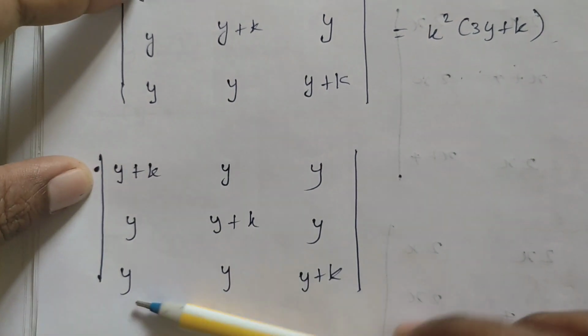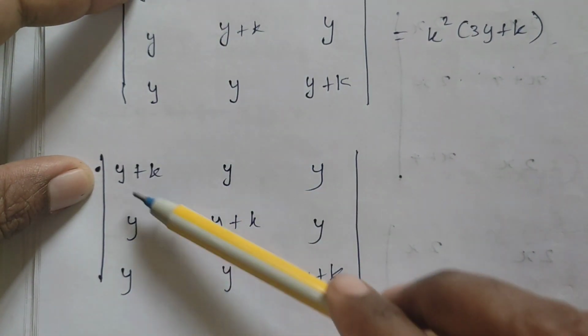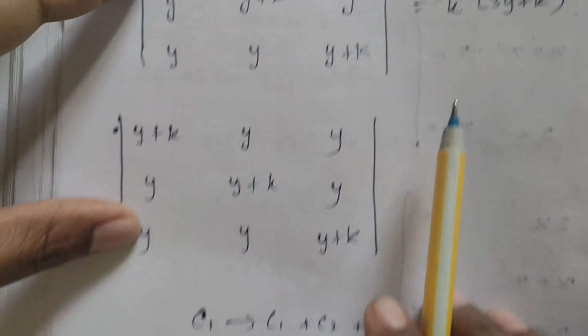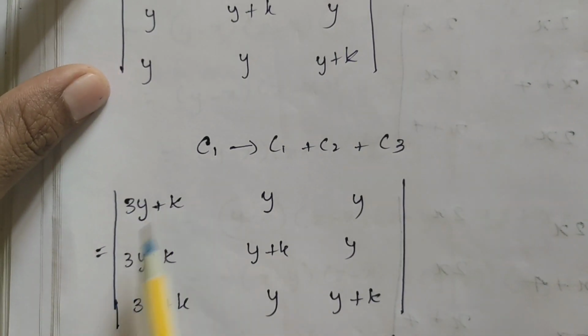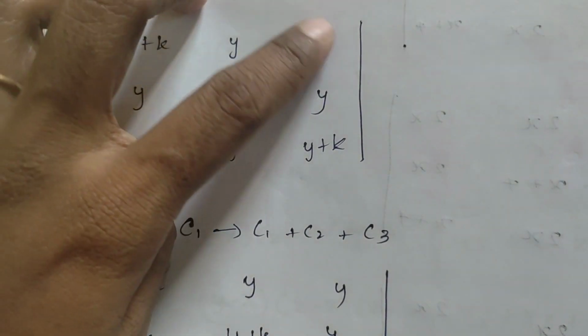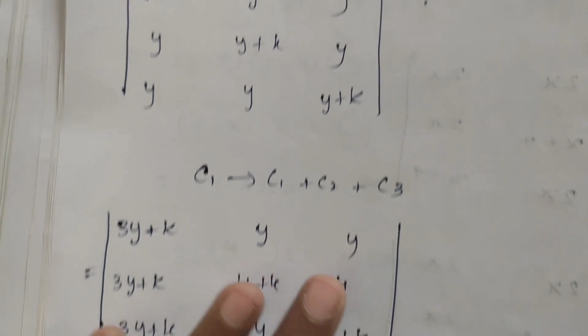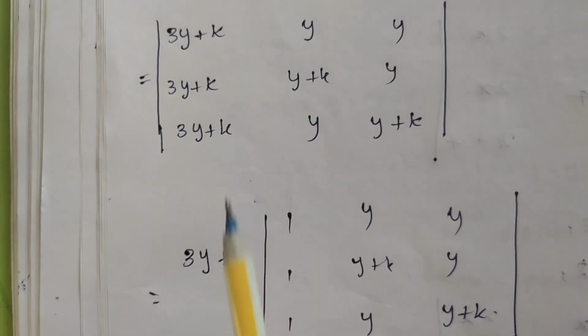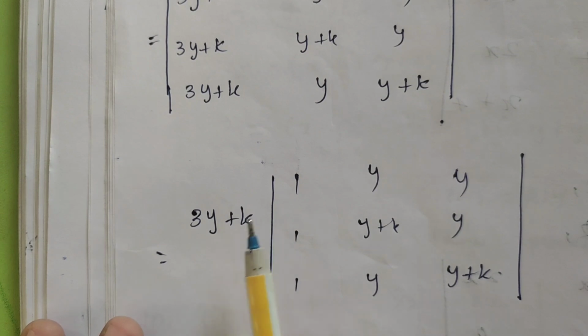Suppose we are adding row wise, we again get 3y plus k. Either you can do it by row or by column. So you get 3y plus k, 3y plus k, 3y plus k. The remaining elements in column 2 and column 3 remain as they are. 3y plus k is common, so let us take 3y plus k out.